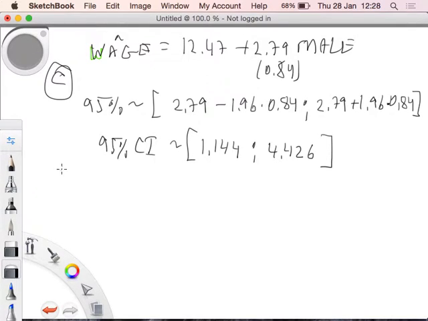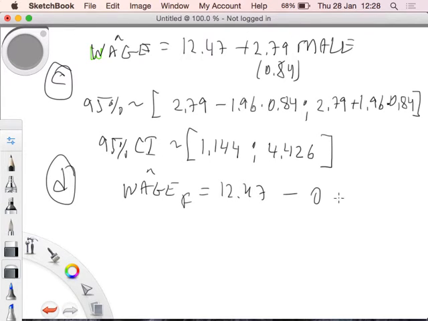Now D. The answer for question D is already given in question A. When we answered question A, we worked out average wages. Remember? Average wage for females was 12.47 minus 0.